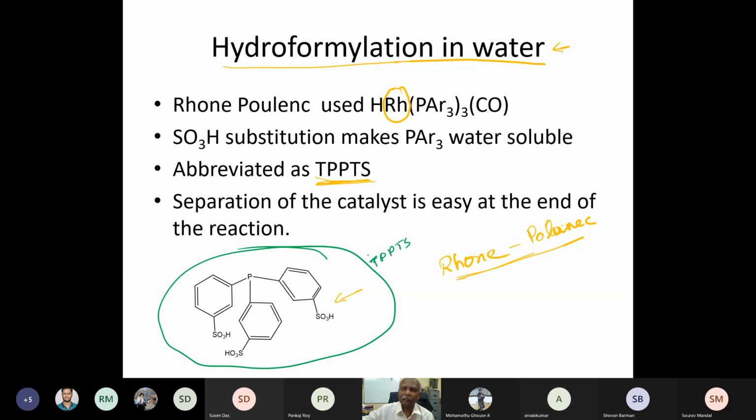What's the specialty? The specialty is that in the meta position you have 3 SO3H groups, and these of course will form the sodium salt very easily. They are very acidic molecules. So the sodium salt is water soluble.